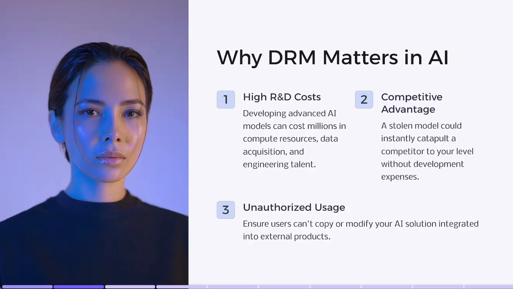Competitive advantage: a stolen or copied model could instantly catapult a competitor to your level without the development expenses. And unauthorized usage: if your AI solution is integrated into external products, how do you ensure users can't copy or modify the model for other purposes? According to Gartner, the worldwide business value derived from AI will reach $5 trillion in 2025, illustrating just how large these risks and rewards can be.